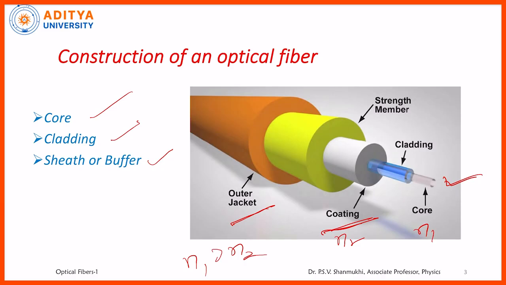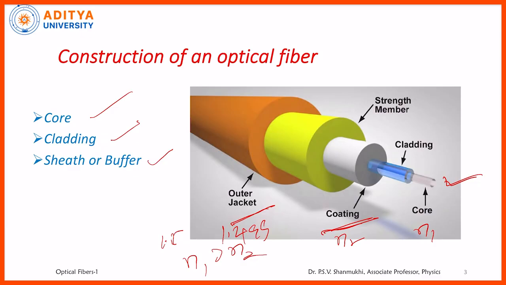Because of the fractional index difference, N1 may be 1.5 and N2 may be approximately 1.499. So core and cladding are made up of the same kind of materials, and because of the doping, there is a slight change in the index, that is N1 is greater than N2.